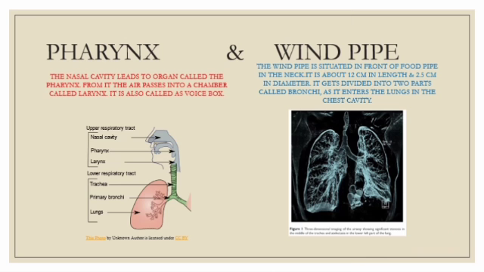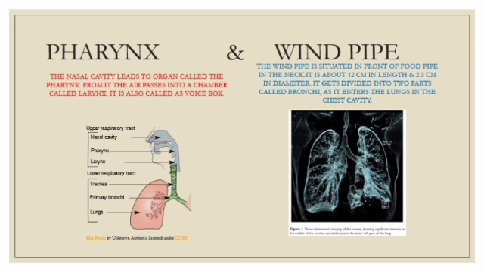Coming to the second part, that is the pharynx. This is the nasal cavity, children, and next to the nasal cavity we have the pharynx. Next to the pharynx we have the larynx. The larynx is also called the voice box. Below that larynx you can see a bunch of bones, which is nothing but the windpipe, also called the trachea, and that will be branching.